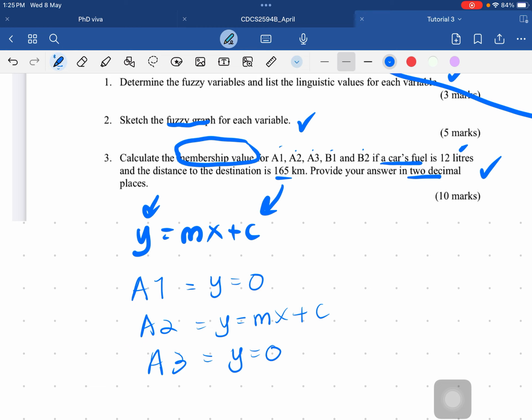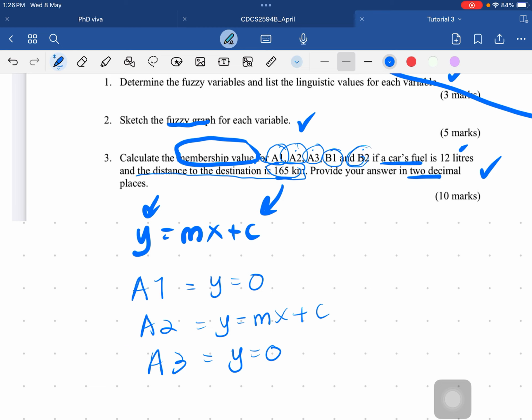Now, for the example, I would like to look at this one. The distance to destination is 165. So when you are having 165 kilometers as x, you need to find the degree of membership at A1, A2, A3, B1, and B2.